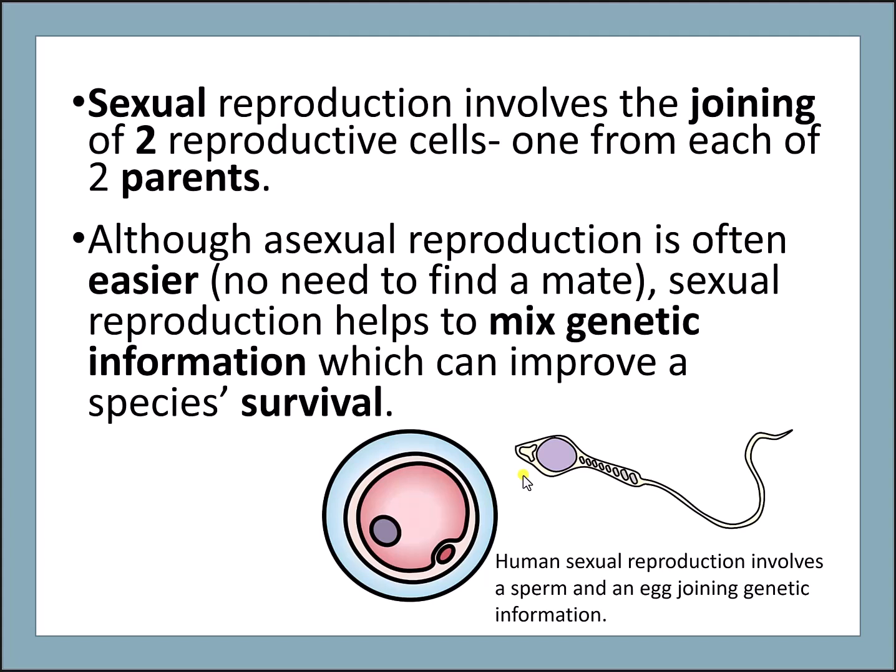So each offspring is then going to be distinct with a new set of genetics. And that allows, in a population, different individuals to survive and not be wiped out by all of the same environmental conditions or disease, because they are all slightly different.